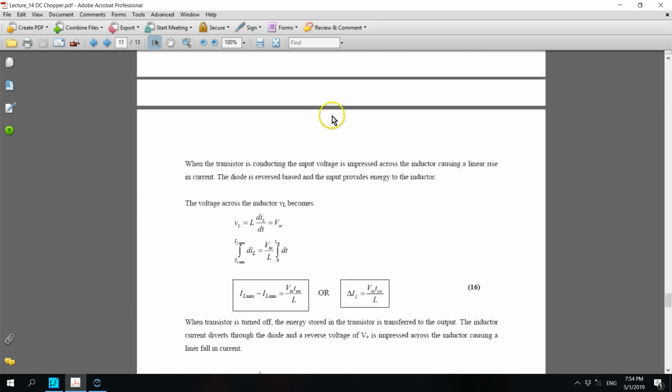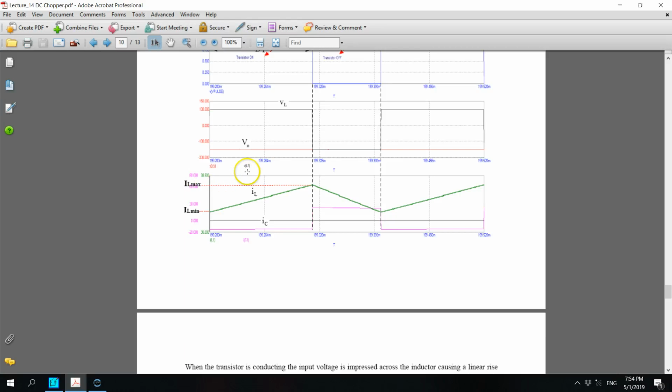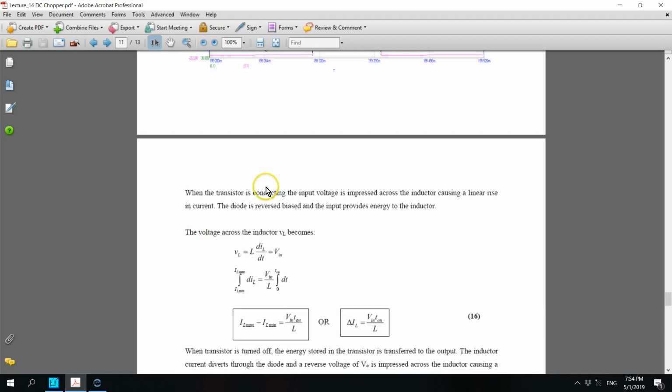If you come back to this capacitor current, the negative area and positive area are the same. Therefore, the average of the capacitor current IC is always 0. It's just like a sinusoidal signal: the positive and negative areas are the same, and the average becomes 0. The same happens to the capacitor current IC. The negative area equals the positive area, so if you take the average, it will be 0.